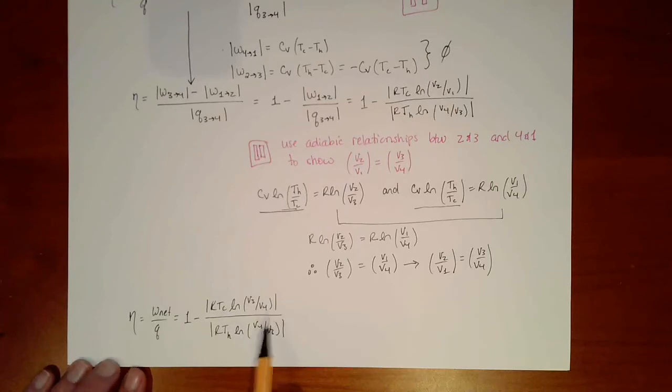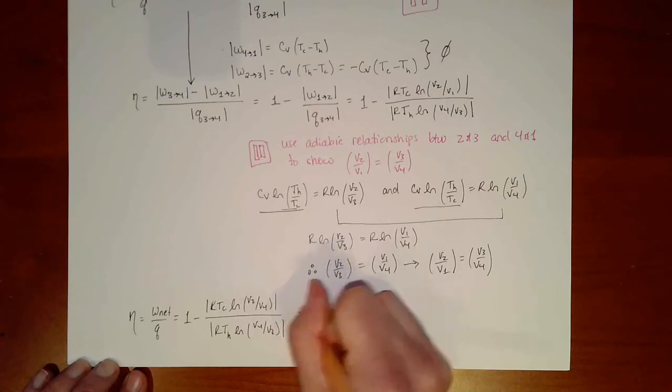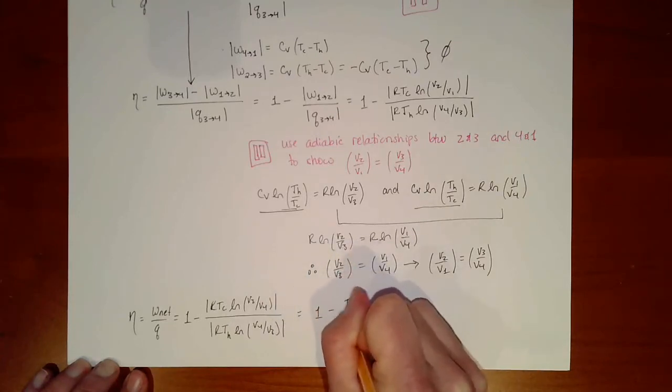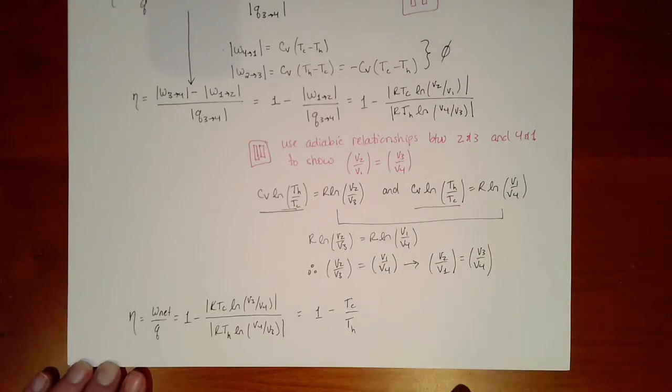And I could switch the sign of this natural log and pull out a negative, but because I'm within an absolute value, it doesn't matter. Basically, the magnitude of these natural log terms is the same, so they'll cancel each other, and the R's will cancel each other. So I can simplify this equation to 1 minus Tc over Th.